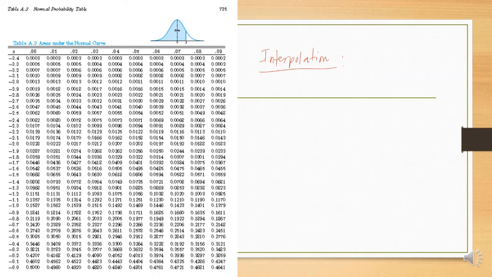But, I just want you to understand paano yung exact value. So, ang ating dalawang pinakamalapit sa 0.15 ay ito. Yung z na yun ay negative 1.0. Tapos, sa taas, ito yung mga decimal points na katapat nitong dalawa. So, 0.03 at saka 0.04.